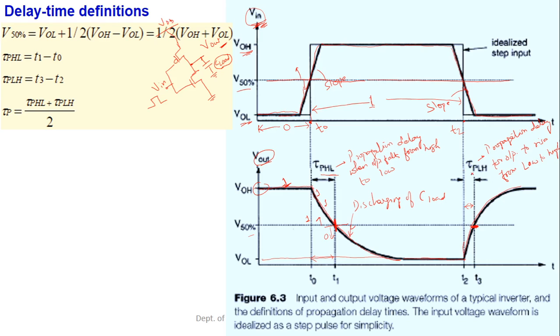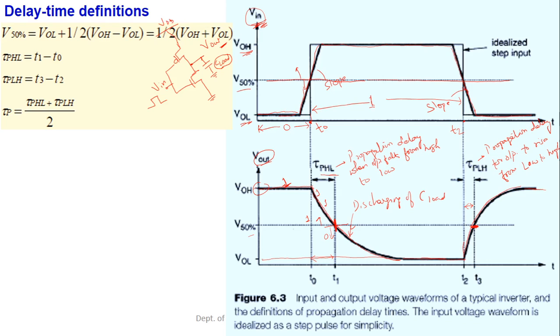So this is the propagation delay time from low to high, the T3 minus T2 duration. After a certain duration of time it will reach the maximum value VOH, and it will remain here for some time. So these are the delay time definitions associated with the input and output signals.